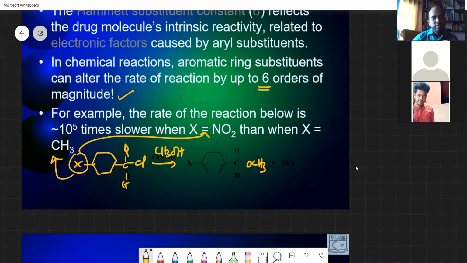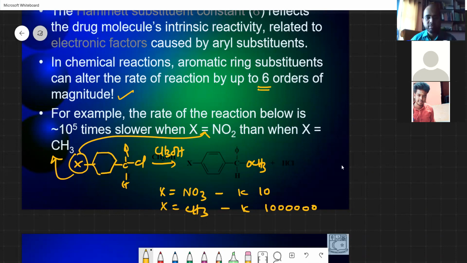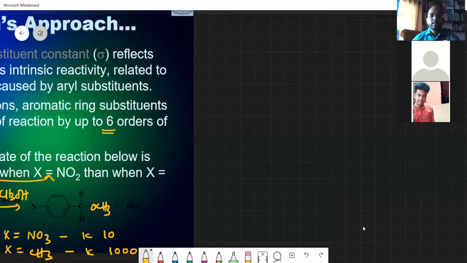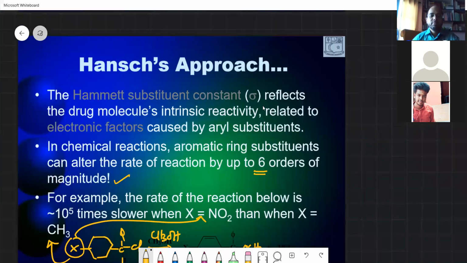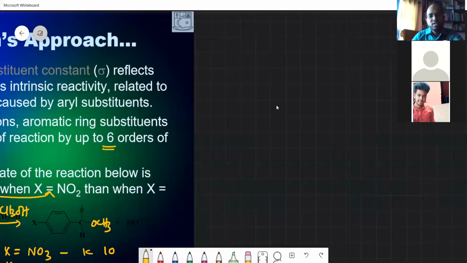That is, if X equals NO2 the reaction rate is about 10 times; if X equals CH3, it is 6 times, meaning 1, 2, 3, 4, 5, 6. You can see the magnitude is increasing. This kind of thing which you have seen in kinetics is very useful, and that is the rationale behind QSAR.